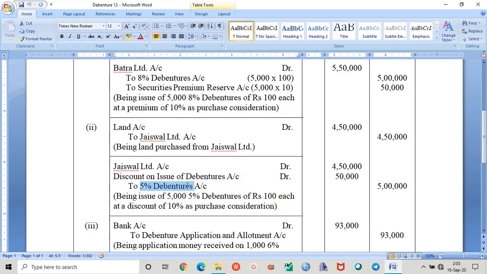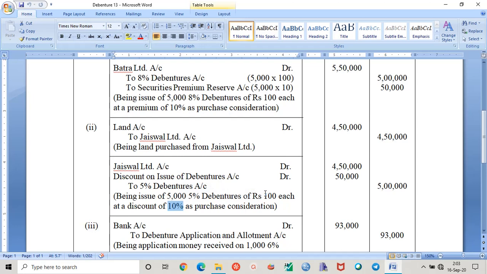So 5% debentures will be recorded in the credit side, 5,000 into 100, 5 lakh, but you are supposed to pay him only 4,50,000, isn't it? So this is how you get the difference of discount on issue of debentures. Again, I want to repeat, the purchase consideration is 4,50,000, and you are paying by issuing the number of debentures at a discount of 10%.